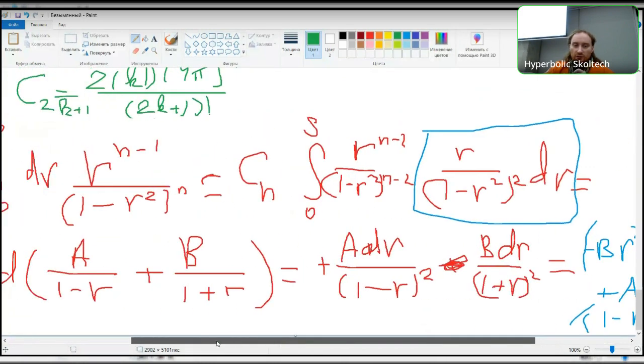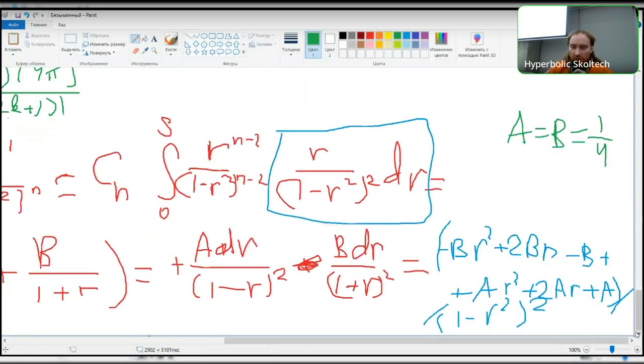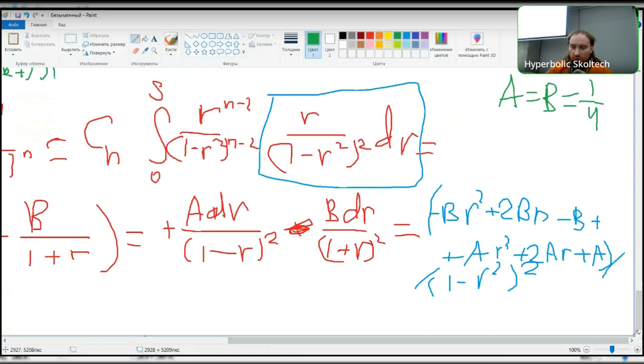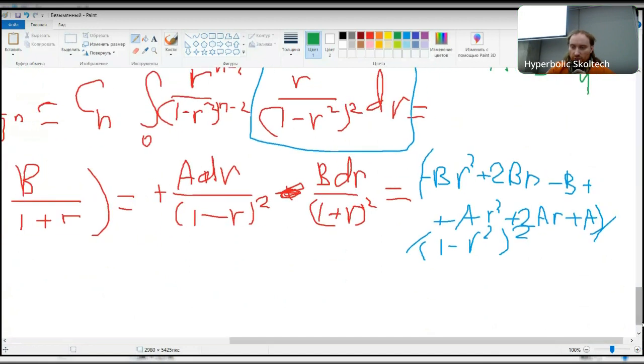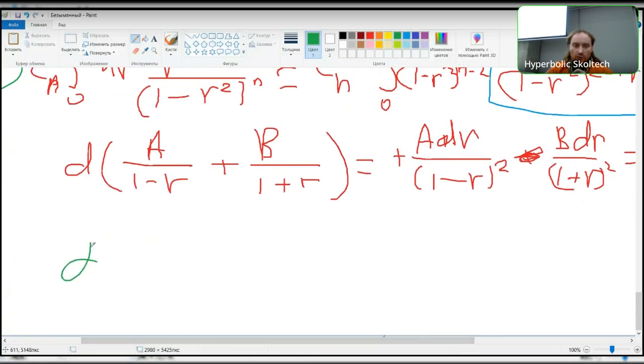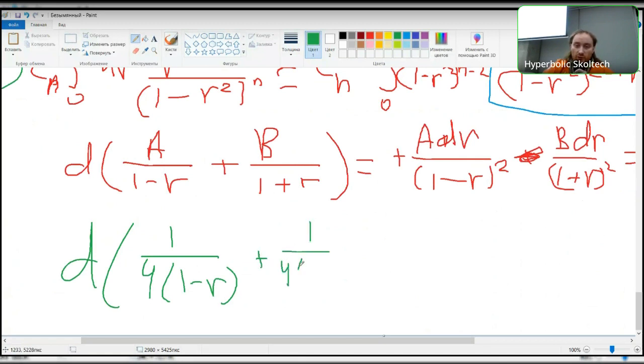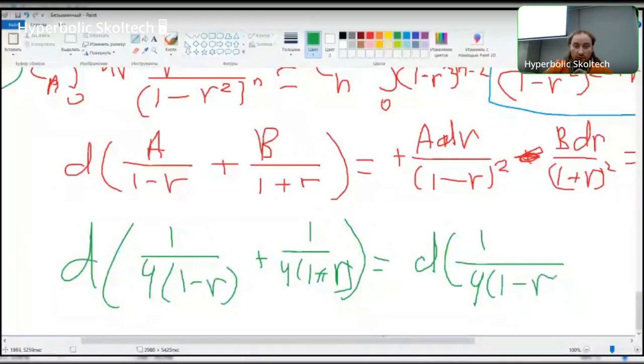So we have d of 1/4 over 1 minus r, 1/4 over 1 plus r. And this equals 1/4 1 minus r squared.